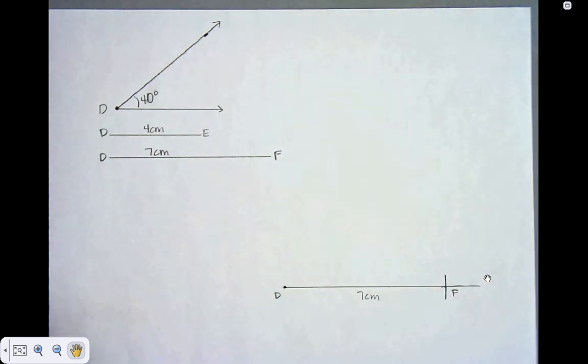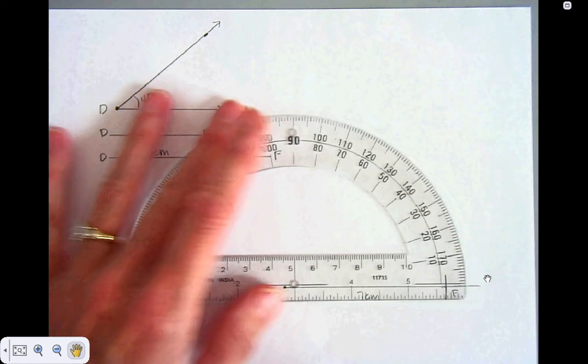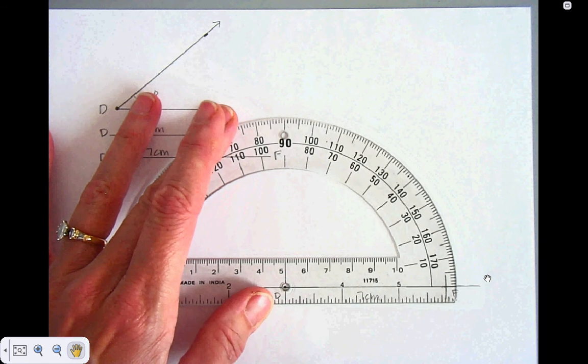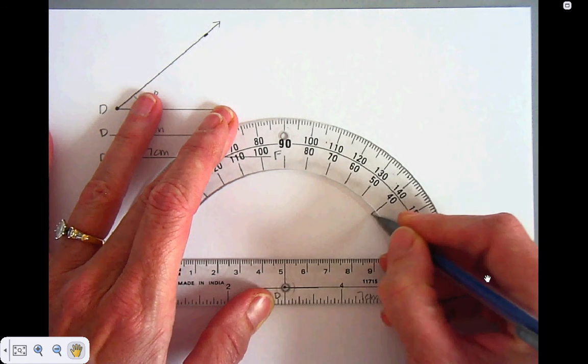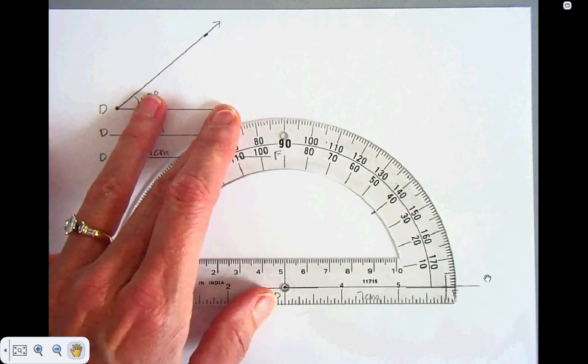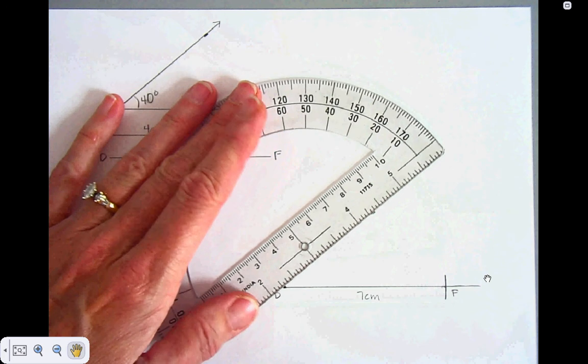Alright, so how do I know that this is going to be 40 degrees? Well, going back and marking that this is going to be 40 degrees, put the vertex and mark at 40. All right, so here is 40 degrees, and I'm going to go ahead and draw a line.